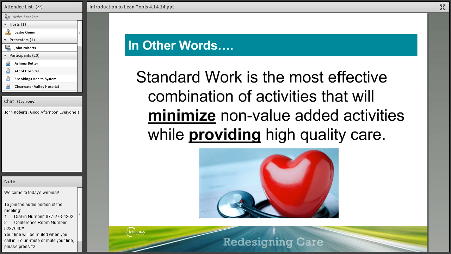Basically, what we're trying to do in standardized work is to get past what we generally do in hospitals right now, and that is we have large procedure manuals that most people don't follow, and get back down to this concept of a shorter one or two page, maybe three page, standardized work process combination sheet. And what that combination sheet does is show the critical tasks that have to be done for that particular procedure or portion of the process.